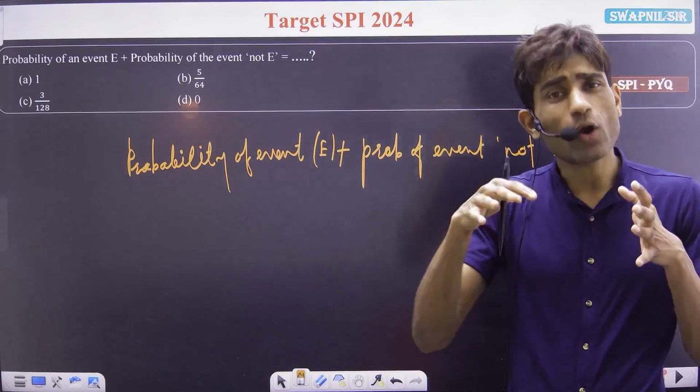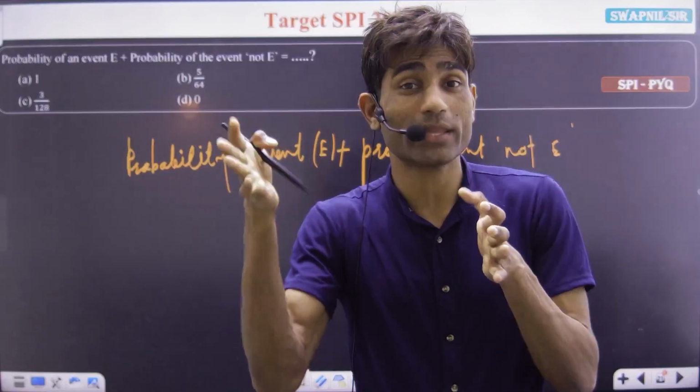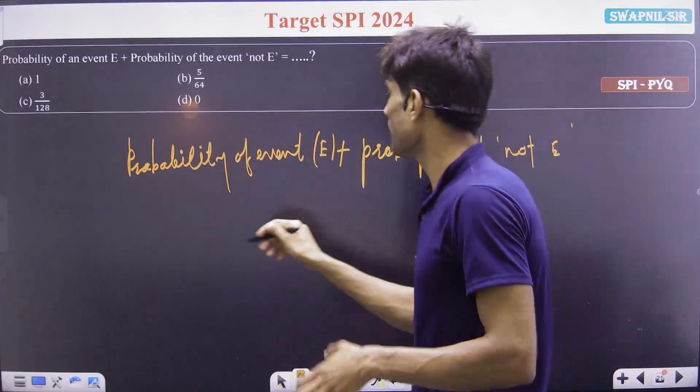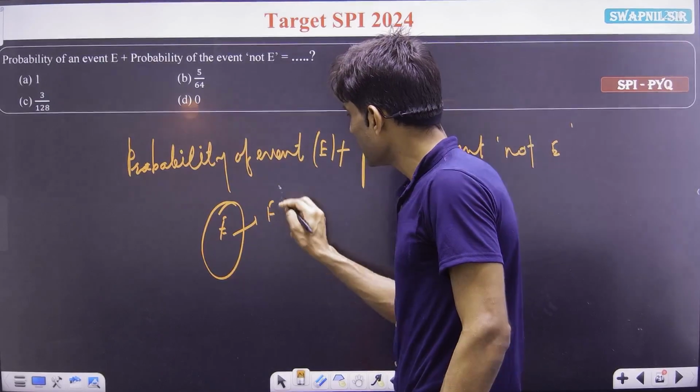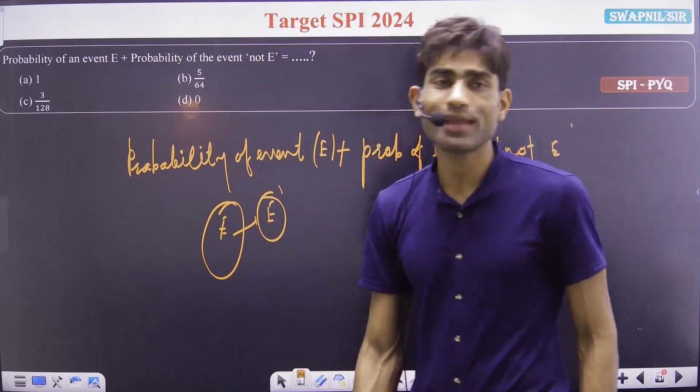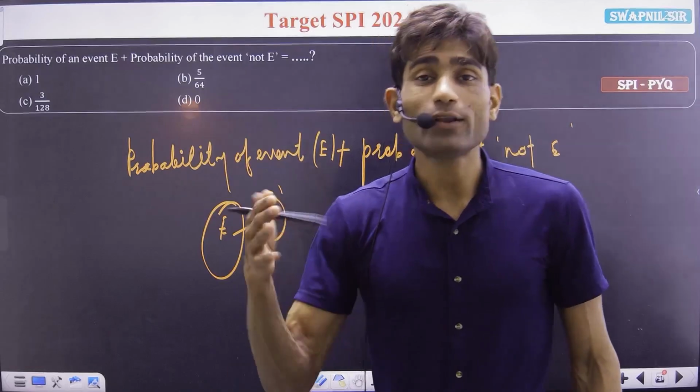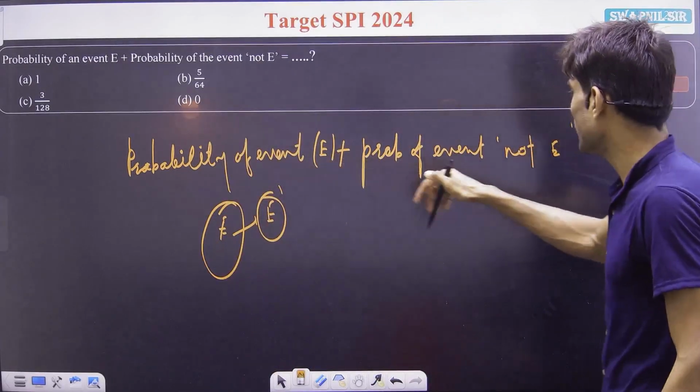The probability of not E means the complement of event E. If we have event E here, the complement of event E is the outside part of that event E, generally denoted not E.